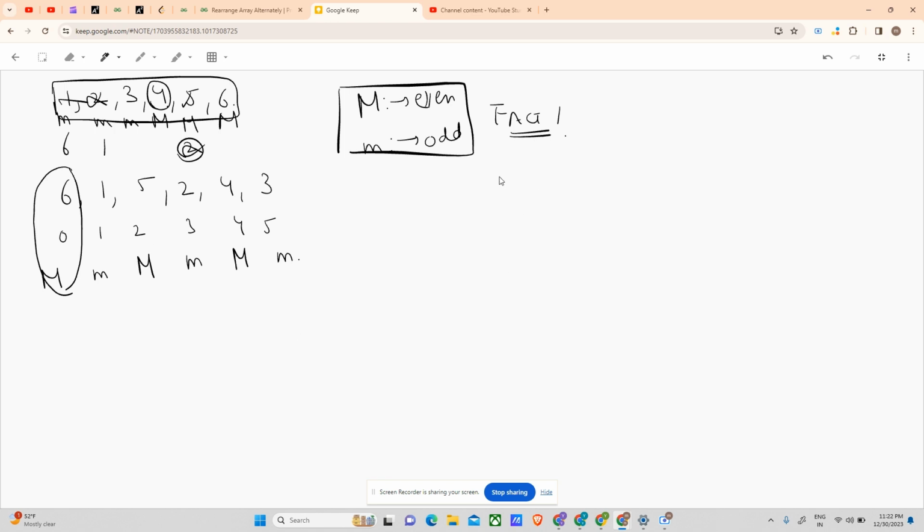What I'm saying is, in maths, we have learned that dividend is equal to quotient into divisor plus remainder.